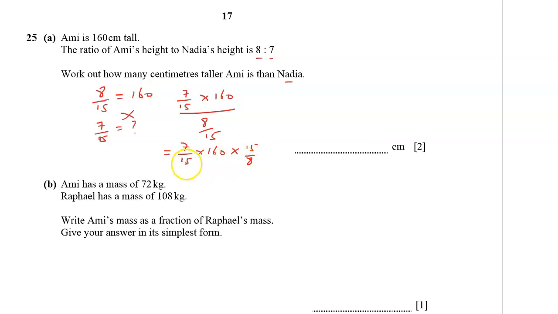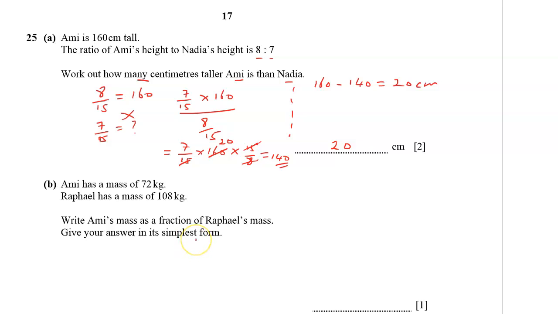Of course we change because you have brought in multiplication there, so that will cancel. 8 goes into 160 20 times, so 20 times 7 gives us 140. And therefore, how many centimeters is Ami taller than Nadia? Ami is 160, and Nadia we have gotten now is 140. So you find the difference, and the difference is 20 centimeters. So Ami is 20 centimeters taller than Nadia.